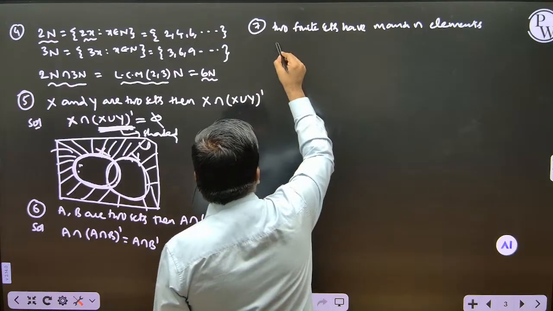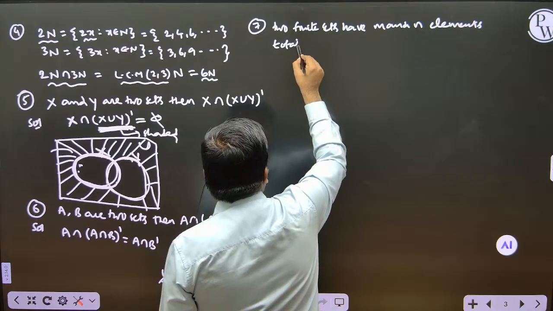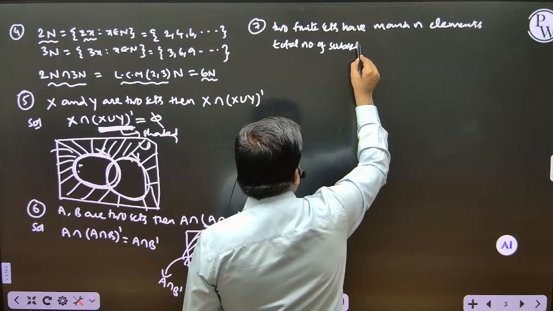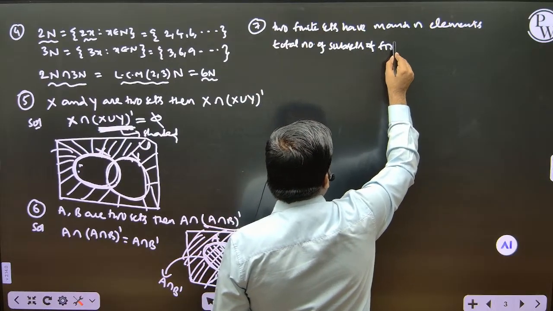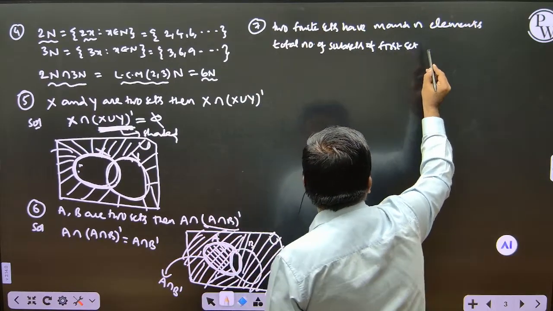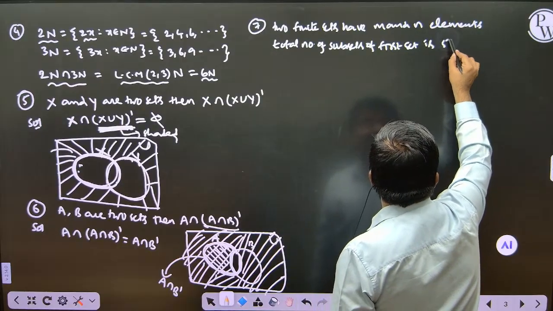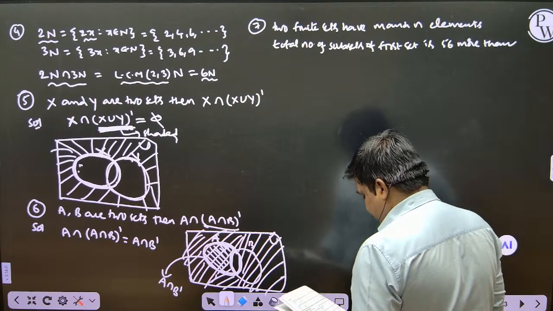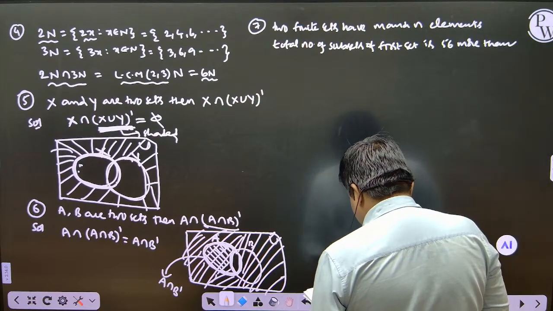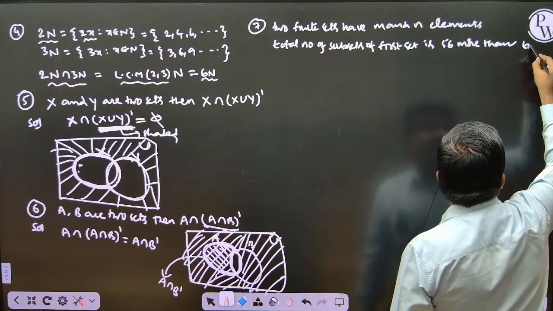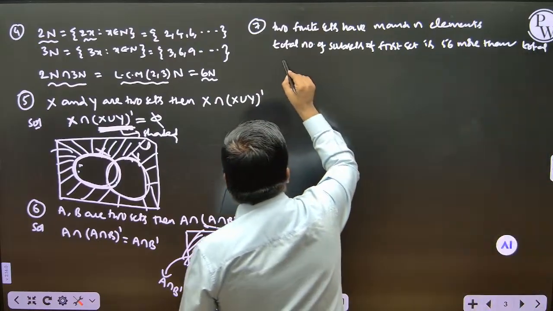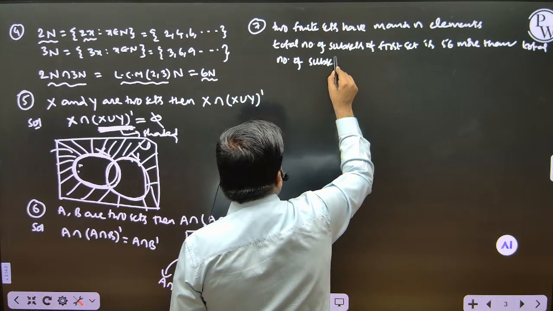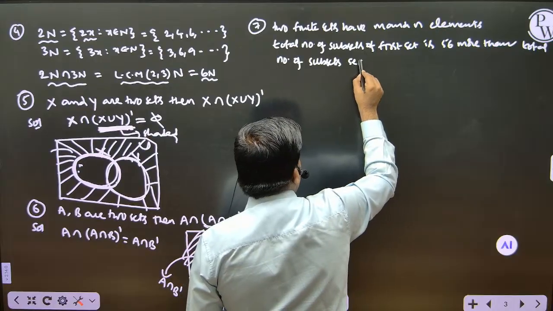Total number of subsets of the first set is 56 more than the total number of subsets of the second set.